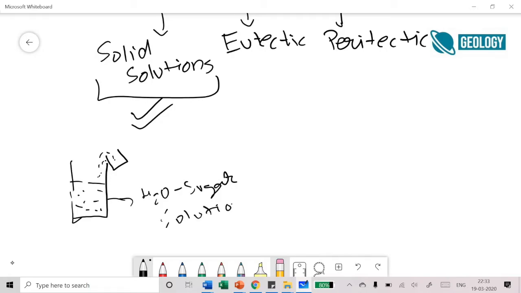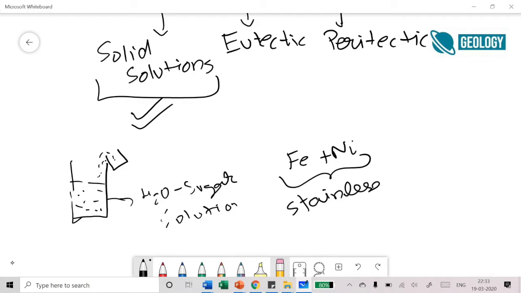Now another example, everyone uses stainless steel in their homes. Stainless steel is made up of iron and nickel. So these two are different metals which are forming your stainless steel.